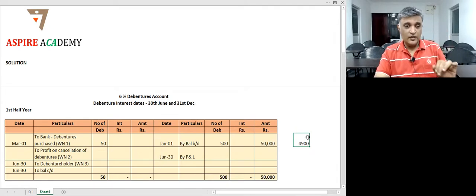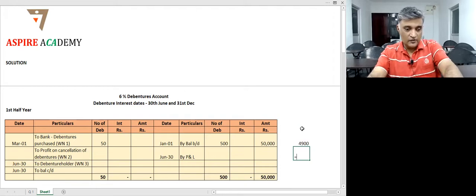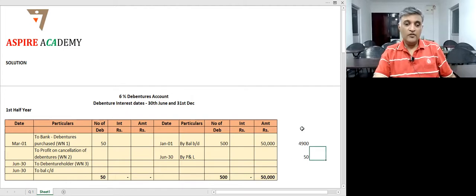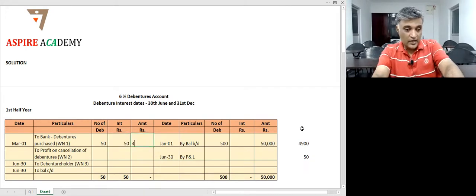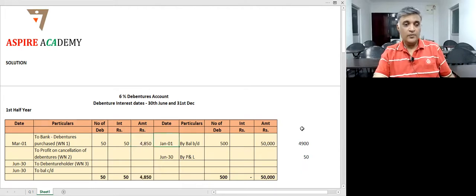The face value of the debenture is 5,000. Please calculate 6% interest for 2 months, 2 by 12, that will be 50 rupees. So when I purchase in the open market, 50 rupees is the debenture interest and the balance 4,850 will be the principal portion.